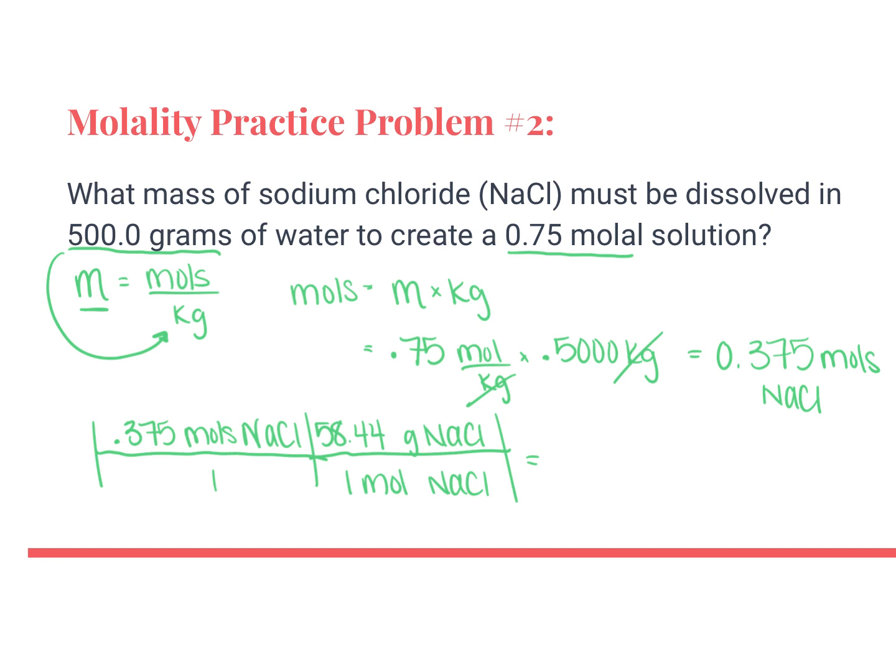Okay, now we just multiply. So what's 0.375 times 58.44? You're saying 21. Okay, I'm going to keep it as just 21.9. We'll say grams of NaCl.